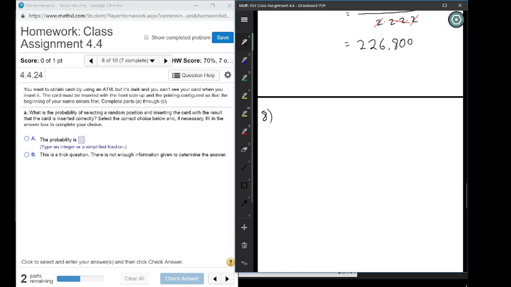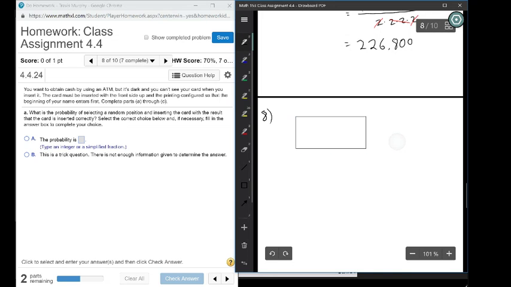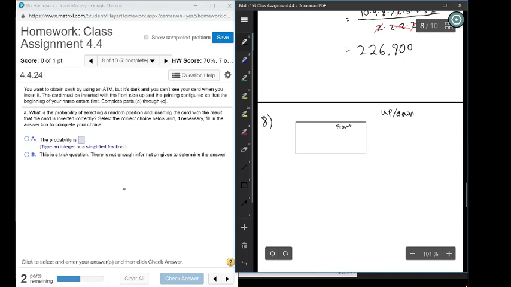It must be inserted front side up. So let's make a random card. So front side up, so up or down. And then presumably you're not going to try to stick it in lengthwise. You can feel with your fingers to stick it in from here or from here.